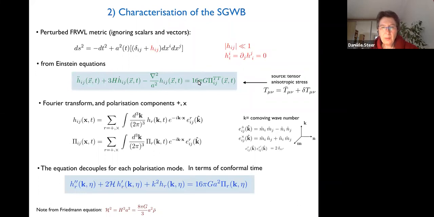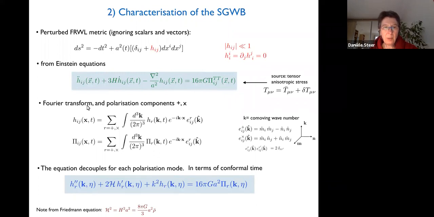And it's sourced, as we already saw, by the transverse and traceless component of the perturbed stress-energy tensor, because the background stress-energy tensor is what's sourcing the background expansion a(t). This would be a perfect fluid source. So this is the equation which we want to study and solve.